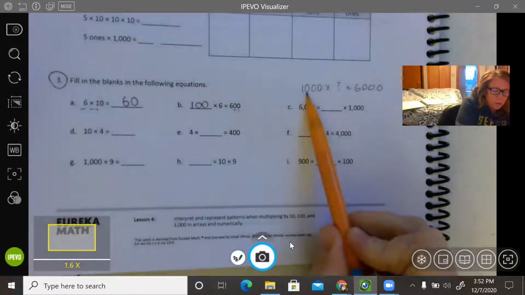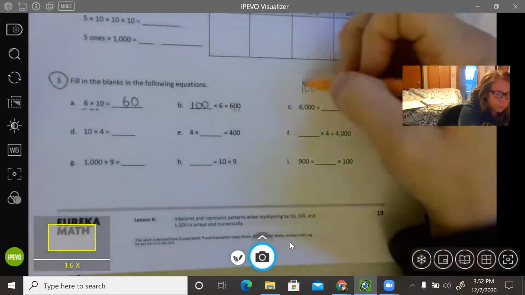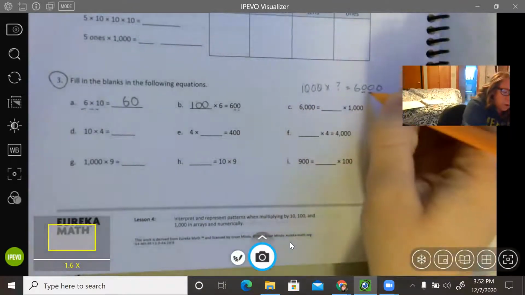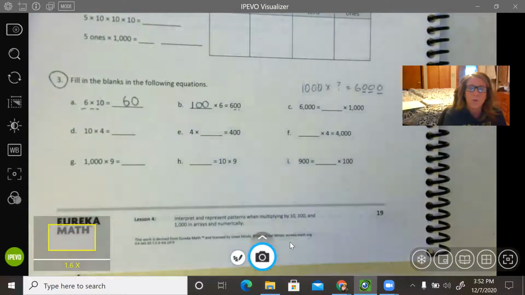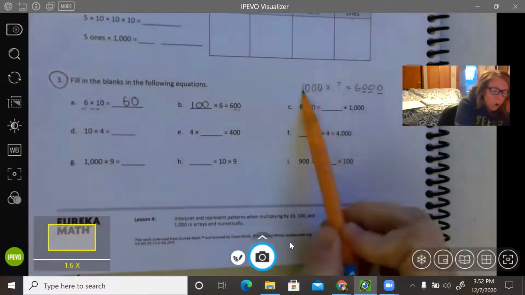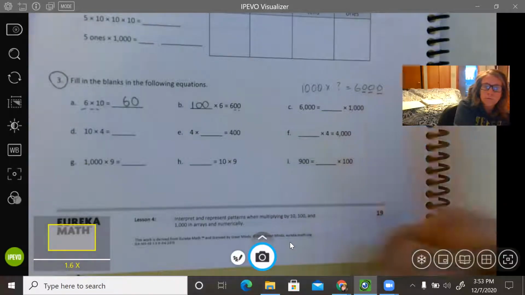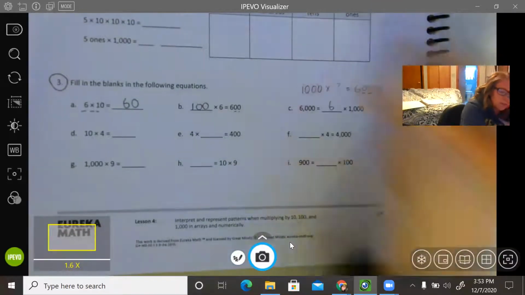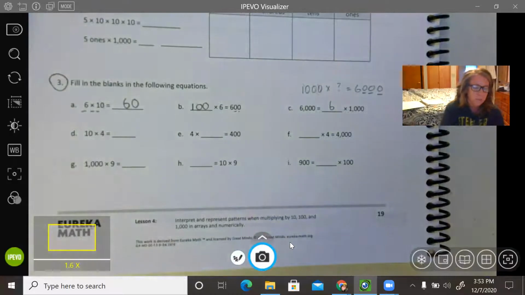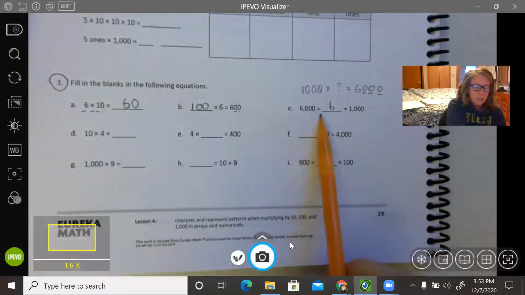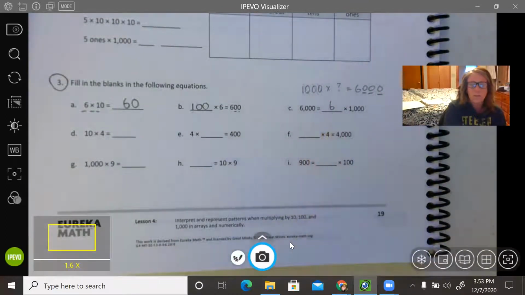So right here we have 1, 2, 3 zeros, and those are already 1, 2, 3 zeros put in our answer. 1 times what gives me 6? 1 times 6 equals 6. So 6,000 equals 6 times 1,000.